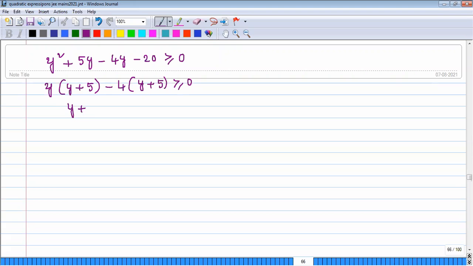So y plus 5 common, we have y minus 4 less than or equal to 0. So now the roots, or critical values, are -5 and 4.